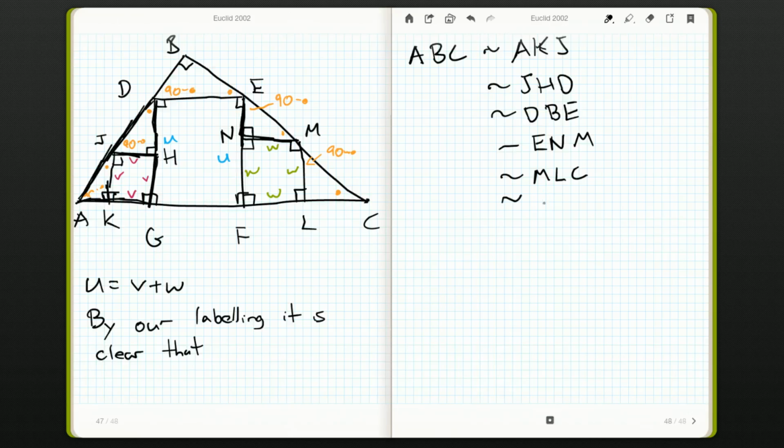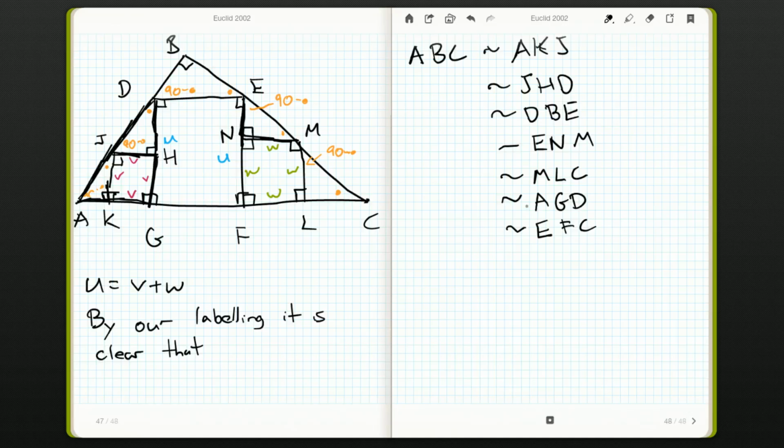So we can also say similar to AGD, and we have another one over here, similar to EFC. Okay. And I think that's it for all of the similar triangles.